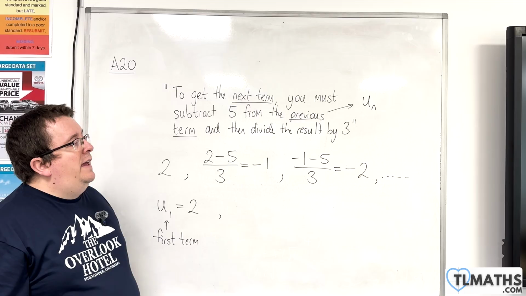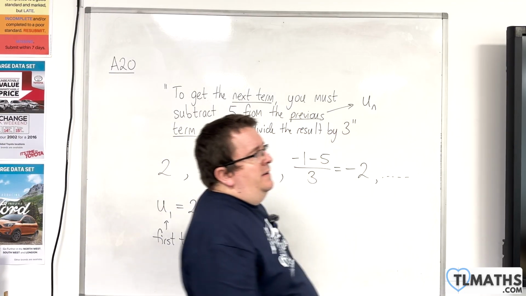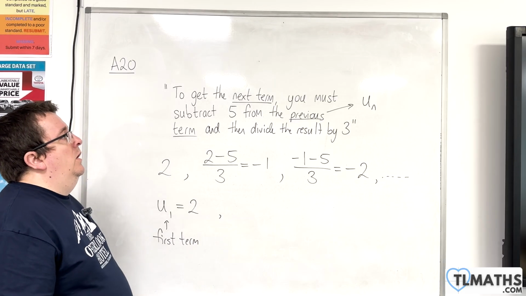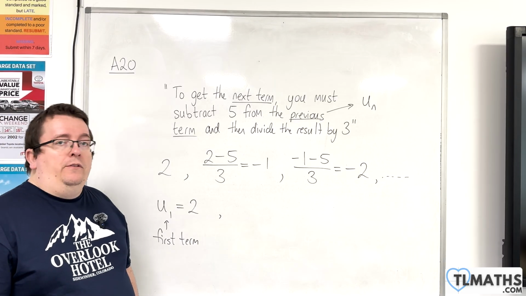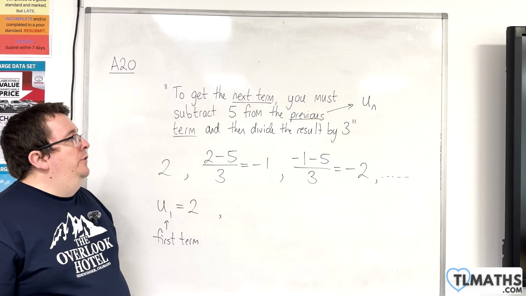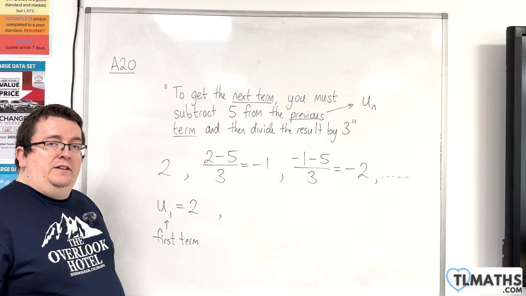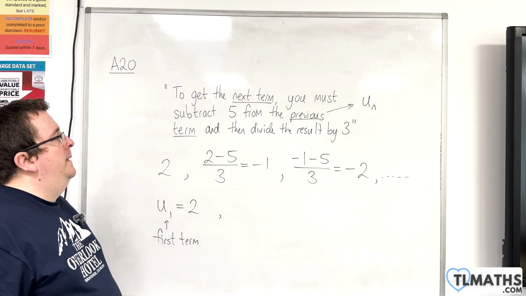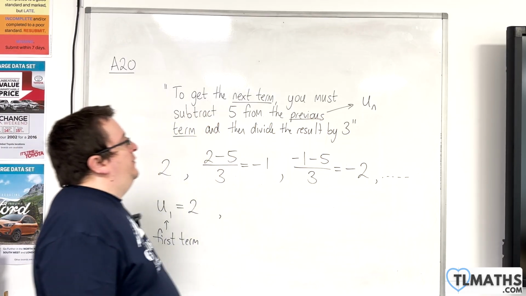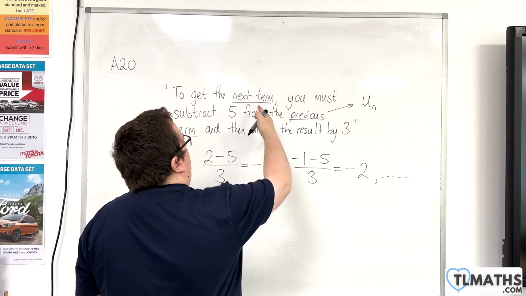I'm using U's there, okay? And the n here can be any positive integer. So 1, 2, 3, 4, 5, 6, 7. And it tells you where you are in the sequence. So U1 is the first term, U2 is the second term, U3 is the third term, U4 is the fourth term, etc.